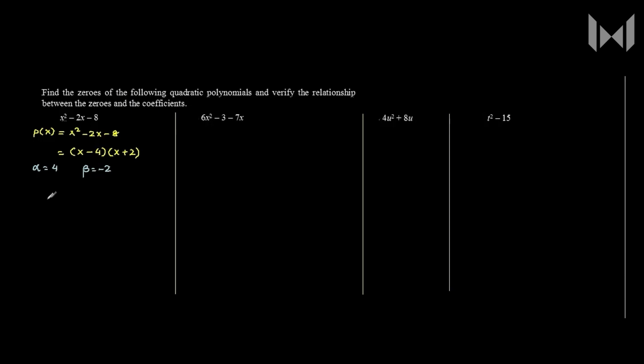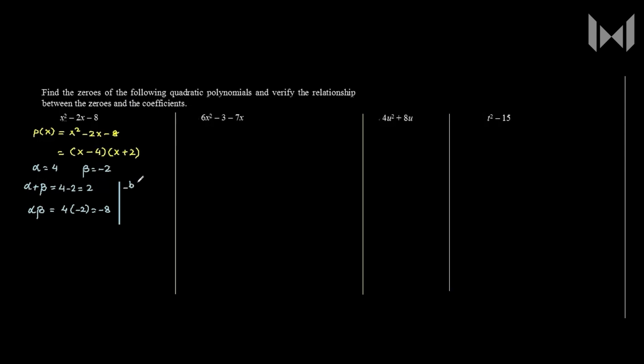Now to verify the relationship, what we do is we first find alpha plus beta, which is 4 minus 2, and that is 2, and alpha into beta is 4 into minus 2, and that is minus 8. We also then find out the values of minus b by a and c by a.